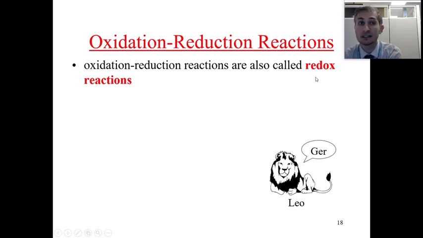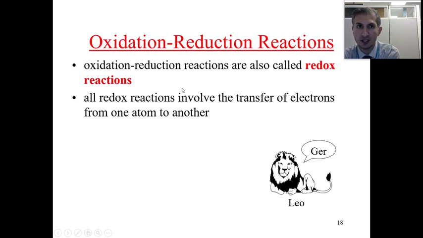Oxidation reduction, we call it redox reaction. We abbreviate it by this. This type of reaction is a new type of reaction in chemistry, by transferring electrons from one element to another. Transferring electrons. This is totally new.